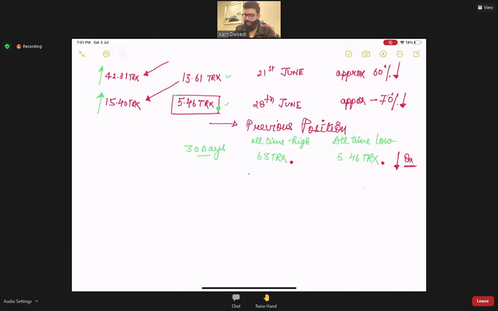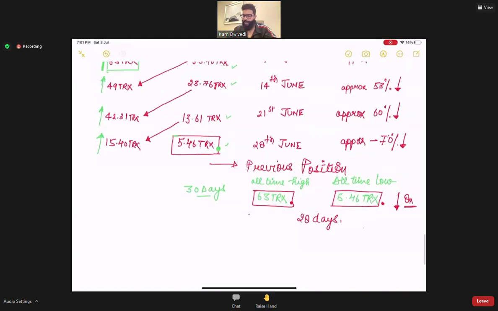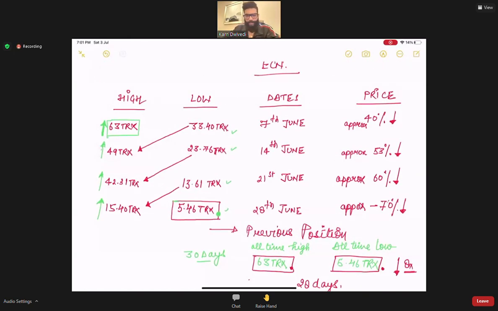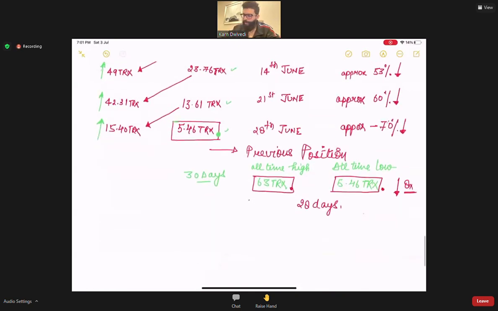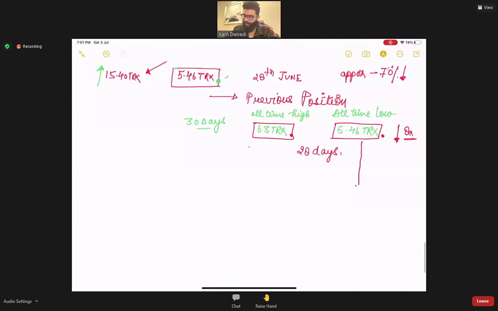And this is basically where you started, and this is where you were in 28 days. With this current table, with this current picture, what do you think about this price after 28 days? Let's consider that the changes are not applied.